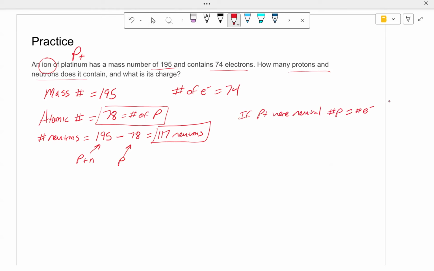But the problem says I have 74, and its atomic number, or number of protons, is 78. I have fewer electrons than protons. That means I've lost electrons. If an atom loses electrons, it becomes a cation. It becomes positively charged. So the charge is 78 protons minus 74 electrons. That's a value of +4.